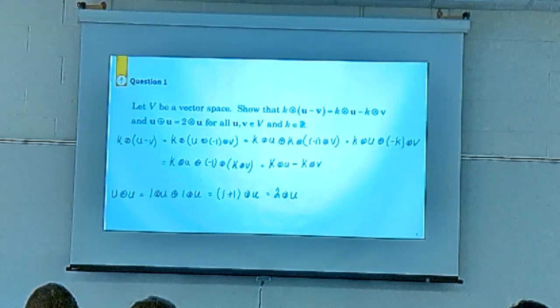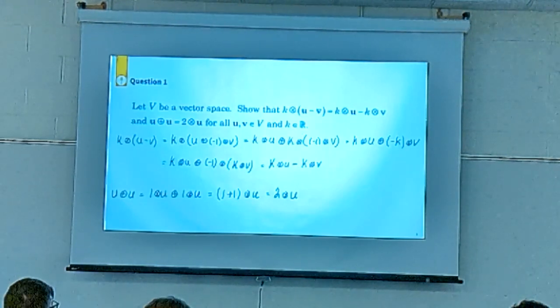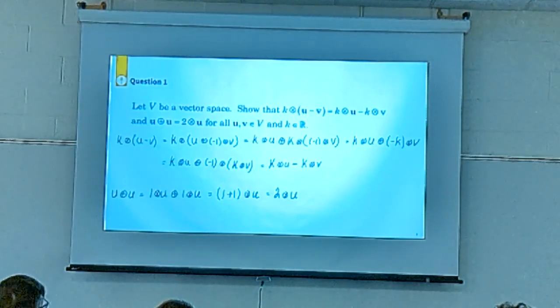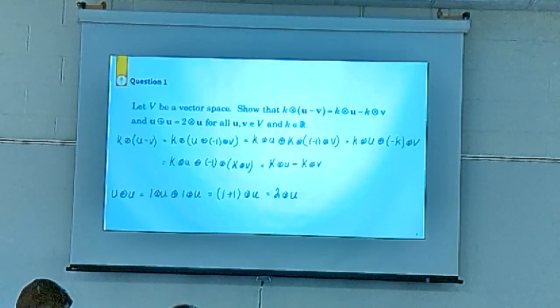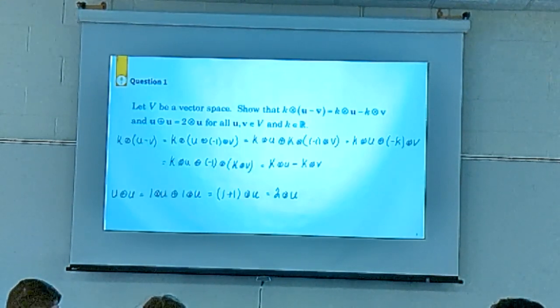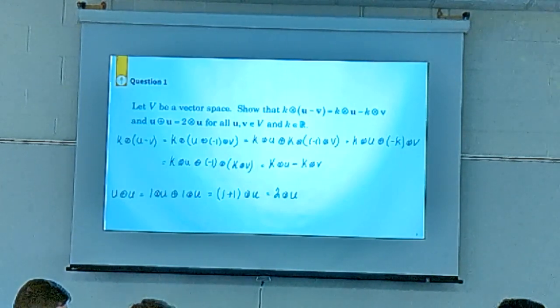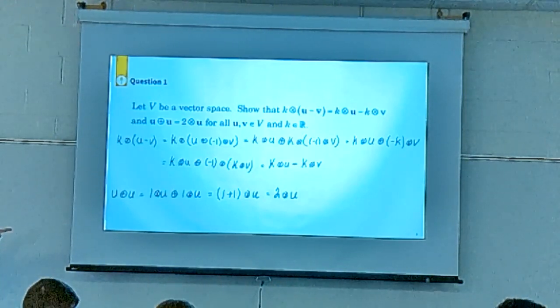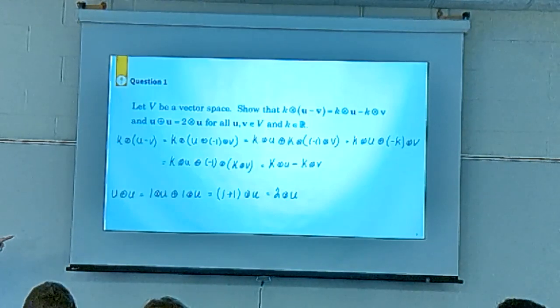So I had to use the axioms there. But you can use any properties or the axioms, as long as it's been proven already. If you want to use something that hasn't been proven, you have to prove it in your proof. You can't just say random stuff. But now, for instance, if there's a test question, you can use this u plus u equals 2u property, because we just proved it in class. So now you're able to use that property or the property above it. That's the cool thing about math.